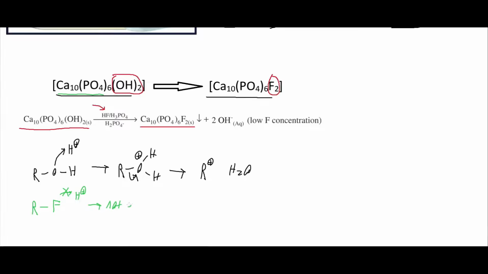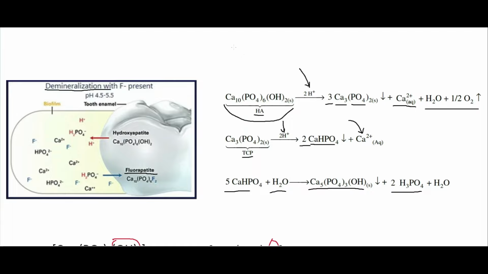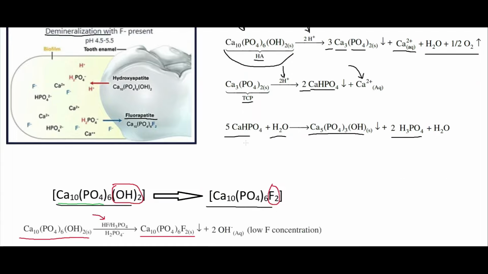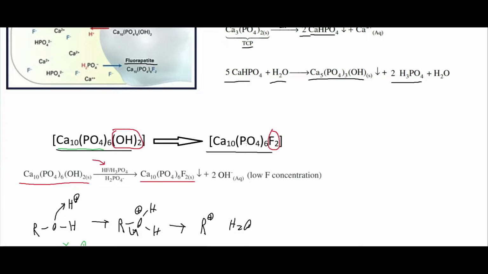And that makes the enamel much more stable if we have that fluoride on there rather than the hydroxyl group. Because when that group cannot leave from here, then we don't get this breakdown that we see going on up here. And so it makes the enamel stronger and more resistant to acid.